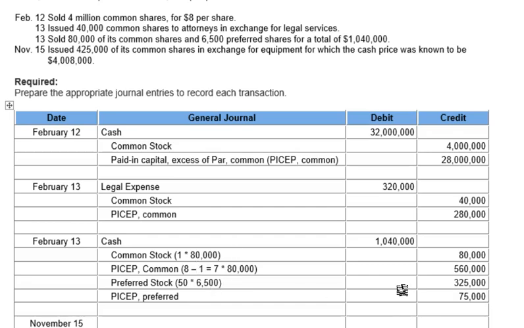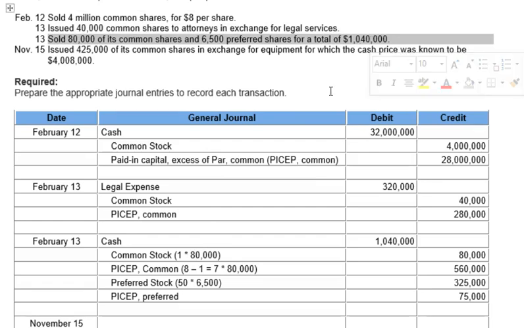But it doesn't tell us that. We have to back into it. So this is truly, in this case, just a plug number, because we know the value of the common. So anytime you see an entry like this, you have to know one of the stock's value. You either have to know the actual market value of the common or the actual market value of the preferred, one of the two, in order to work that.